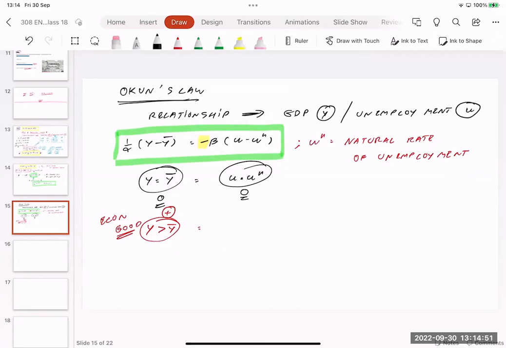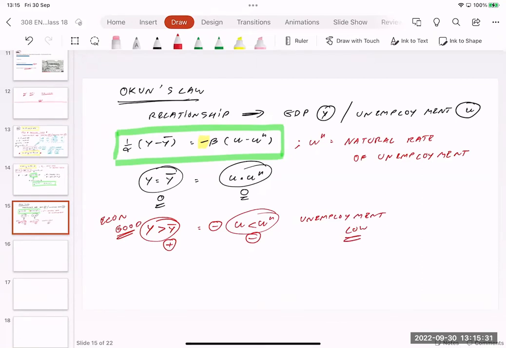If the left side is positive, the right side has to be positive, but we have a negative in front of the bracket, so the bracket has to be negative. So U is less than UN. Negative and negative equal positive, right? So the left side is positive, and the right side is also positive. As you can see, when the economy is good, Y greater than Y bar, unemployment is very low. U is less than UN.